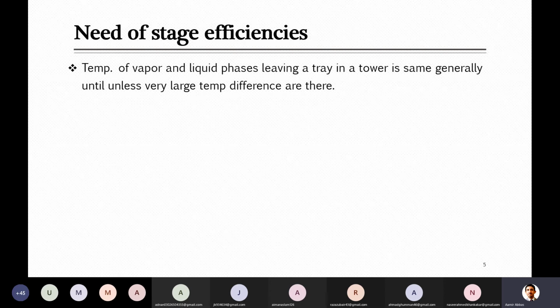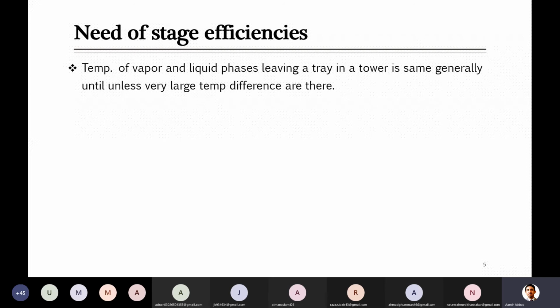when you look at the vapor and the liquid which are coming in contact with each other on the surface of a tray, the vapor leaves towards the upper plate and the liquid leaves to the lower plate through the downcomer. Their temperature can generally be the same, unless the vapor and the liquid are coming in with an already high temperature difference.